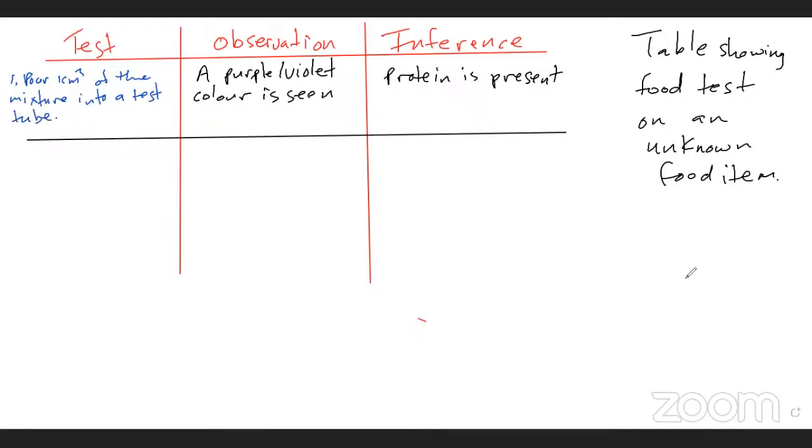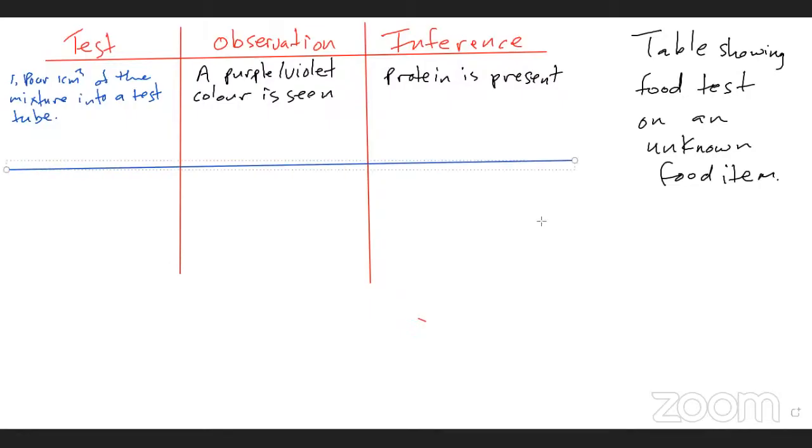And then what would we add to the test tube now? The Biuret solution. I don't remember the spelling of Biuret, but we add 1 ml of the Biuret solution to the mixture.